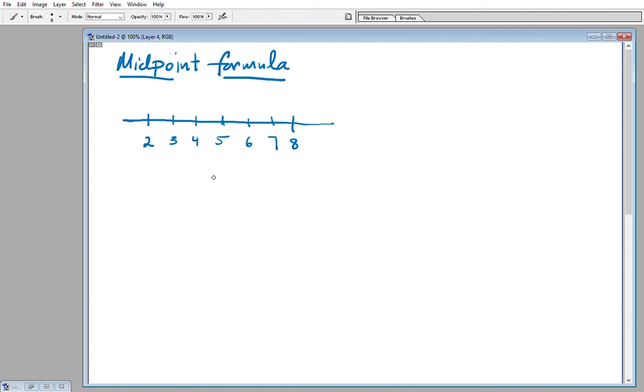You can just look at it and see 5 is in the middle. That's the midpoint. We have 3 units to the left and 3 units to the right.